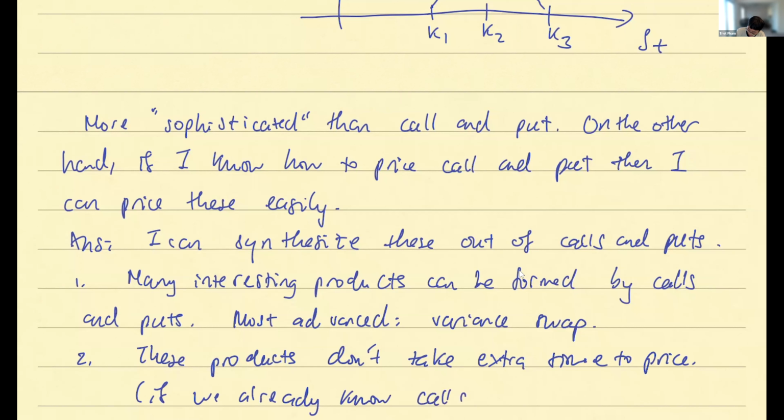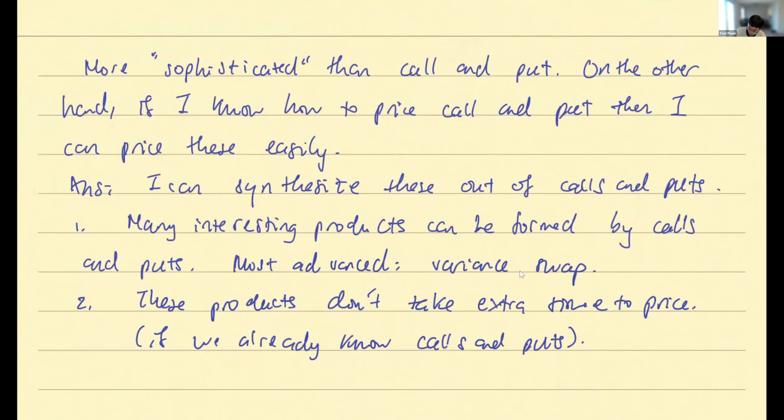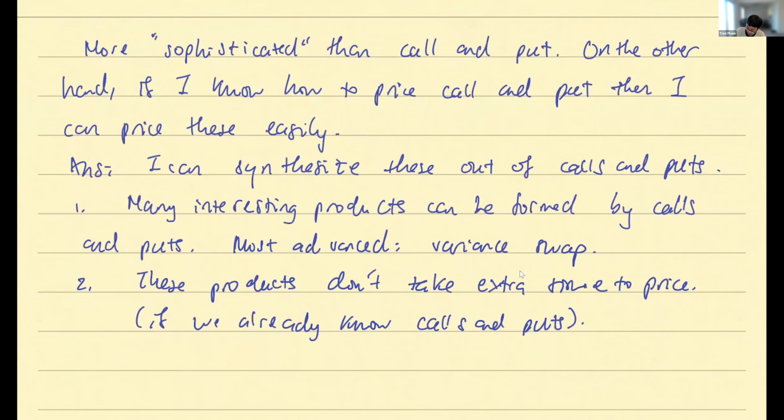Actually, that's not true for the variance swap, because the variance swap is infinitely many. Yet actually, it's true though. If you read the articles on variance swap, you'll see that most of the time the articles spend time on how to replicate the variance swap by calls and puts. But once they do that, then they say the price is straightforward. So anyway, these are important ideas I want to bring up.